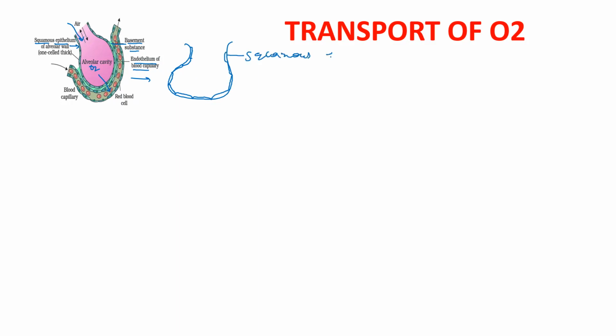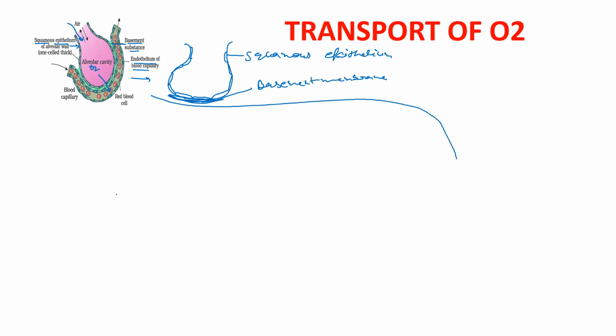Then here is the basement membrane which is present between the alveoli and the blood vessel. Then the endothelium of blood vessel.